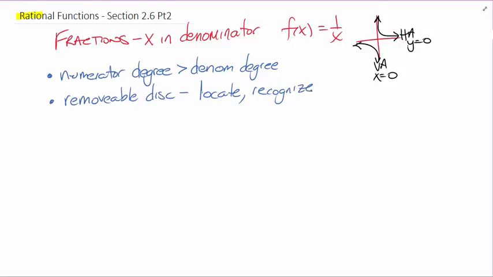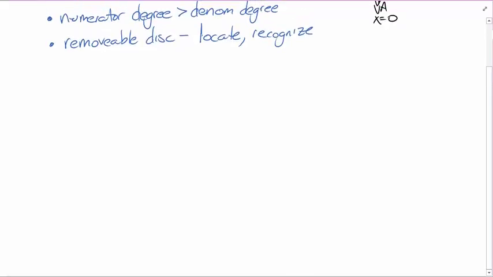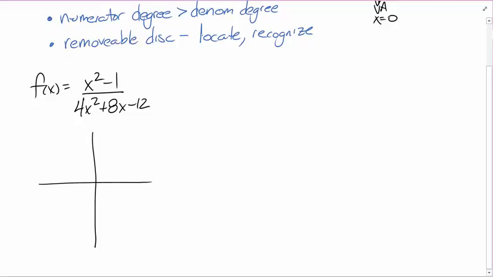All right. So the first function that we're going to talk about, we'll call it f of x. F of x equals the quantity of x squared minus 1 in the numerator and 4x squared plus 8x minus 12 in the denominator. We're going to provide ourselves a rough sketch of this.